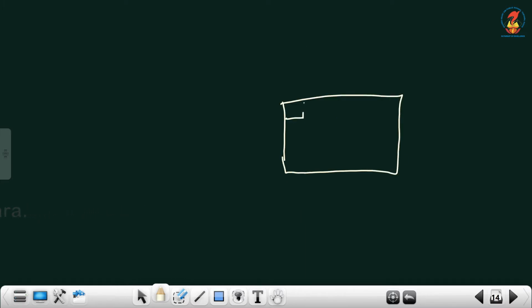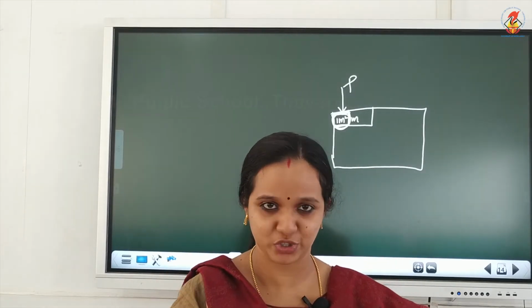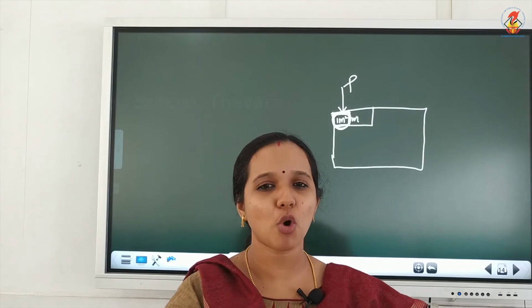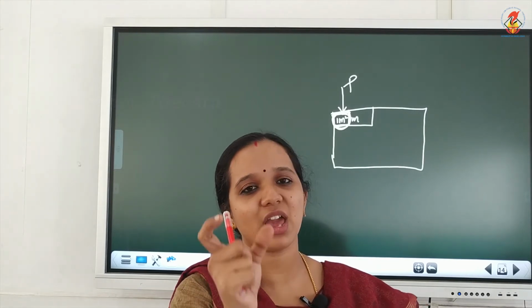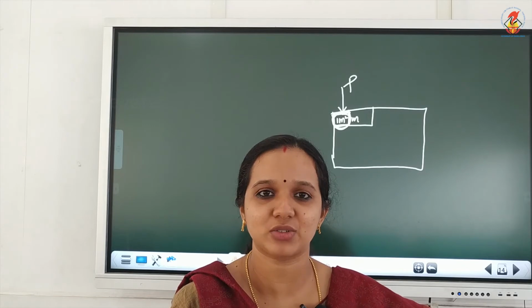If I divide this object into squares of side 1 meter, the area of the small square is 1 meter square. And the force experienced by this small portion of area is known as pressure. So if I apply a force onto an object, the force experienced by a unit area portion of that object is known as pressure.